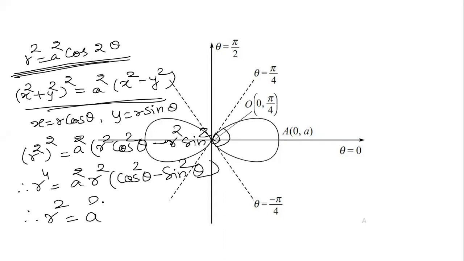So r square will be equal to a square times cos square theta minus sin square theta, which is cos of 2 theta. So whatever problem was solved yesterday, this is exactly the same. So we must also get the same presentation here.